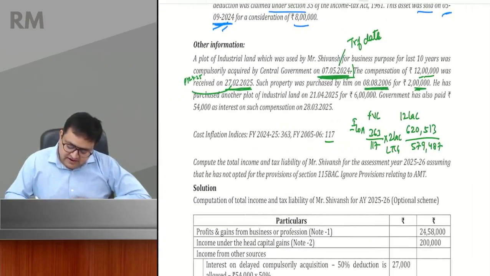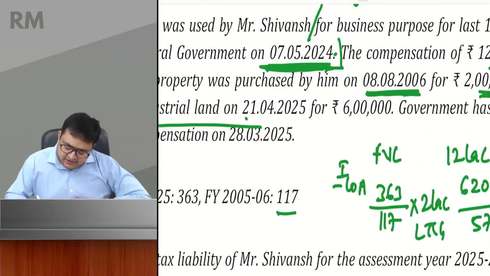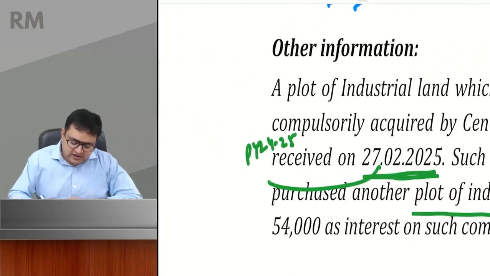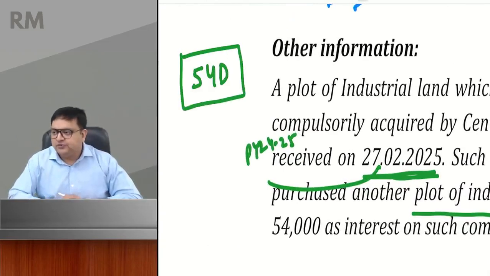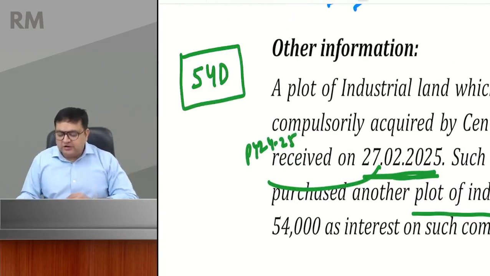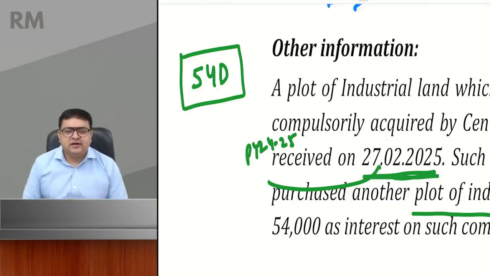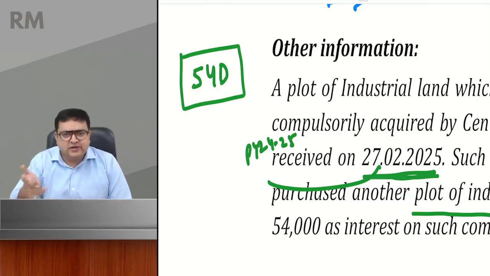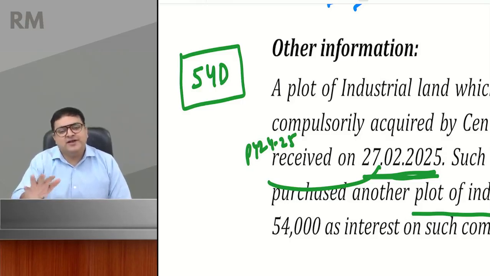Now, he has purchased another plot of industrial land on 21st April 2025 for 6 lakh. Now guys, we have an exemption under section 54D, which is not very common, not very important also. In your classes I was telling you that there are 5 exemptions: 54B, agricultural land, is okay; 54EC, 54F are very important; and 54D is the one exemption.